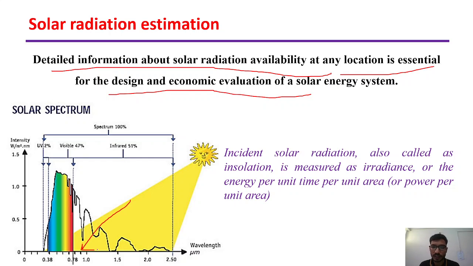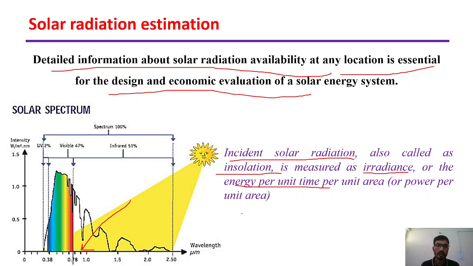The incident solar radiation is also called insolation, and it is measured in terms of irradiance, or the energy per unit area per unit time. Energy per unit time is power, so this will be power per unit area.